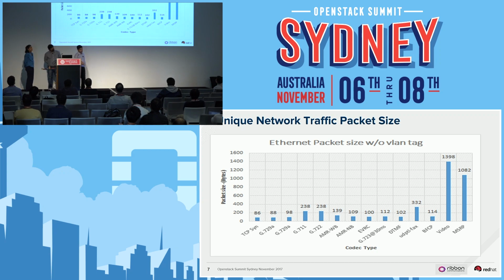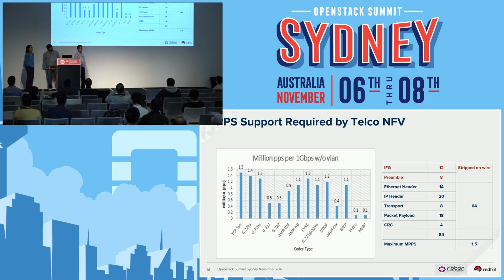The result is that for 1 gigabit incoming or outgoing traffic, you end up handling 1.4 million packets per second. But for video, it is just 0.1 million, which could be easily handled by even a Linux IP stack. You don't require customized user space packet processing drivers or software to process such a low amount of traffic.